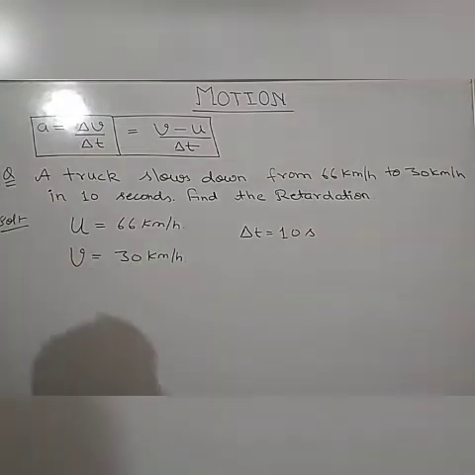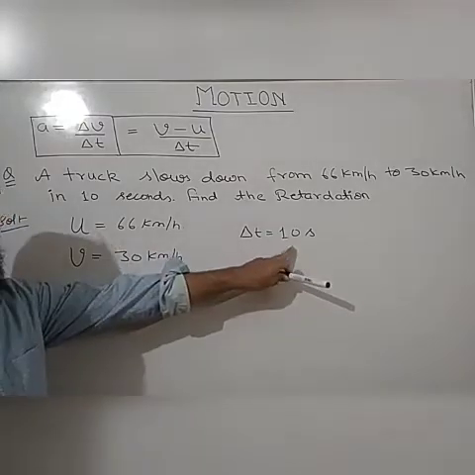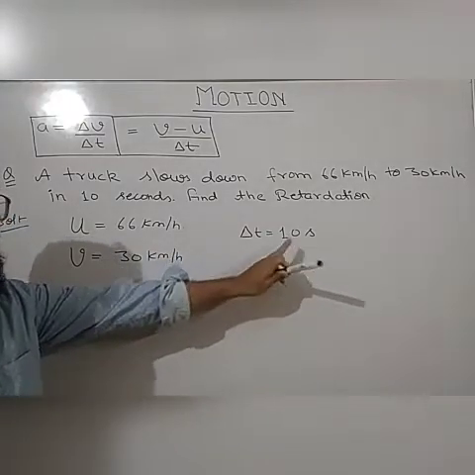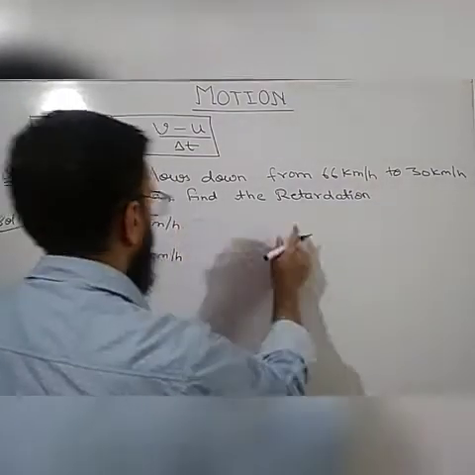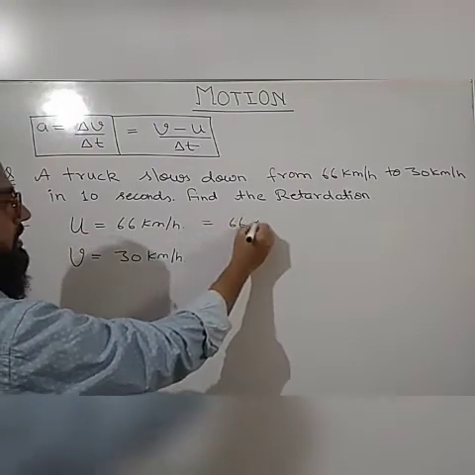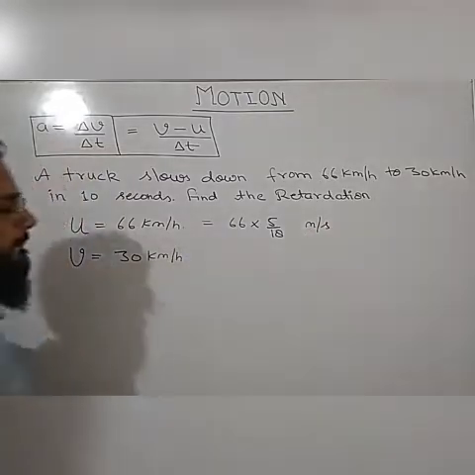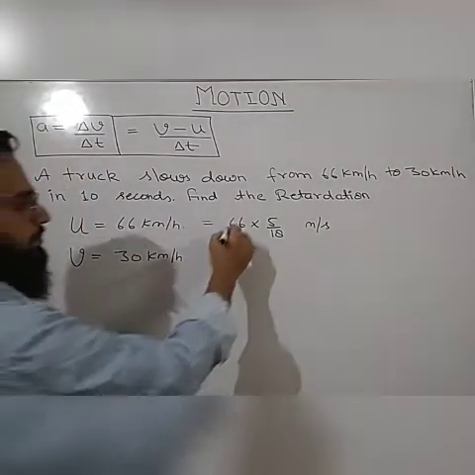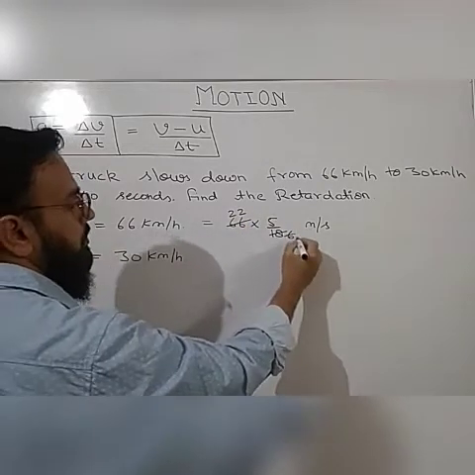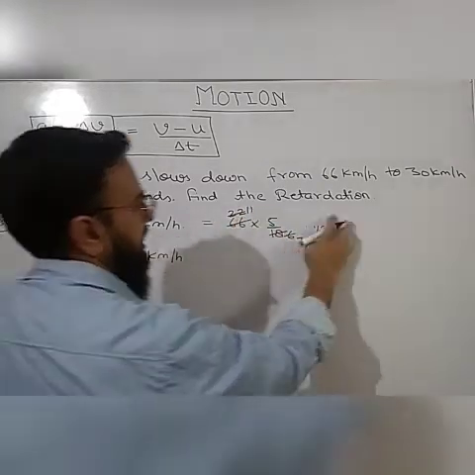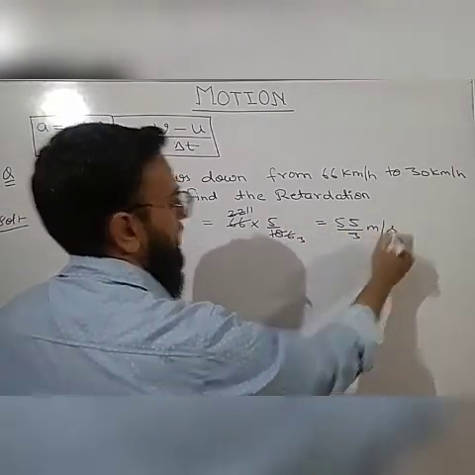Now again in this question, the velocities are in terms of kilometer per hour, but the time is given in terms of seconds. So we have to convert this kilometer per hour into meter per second. First we will convert the first term. It will be 66 into 5 by 18 meter per second, which will be equal to 55 upon 3 meter per second.